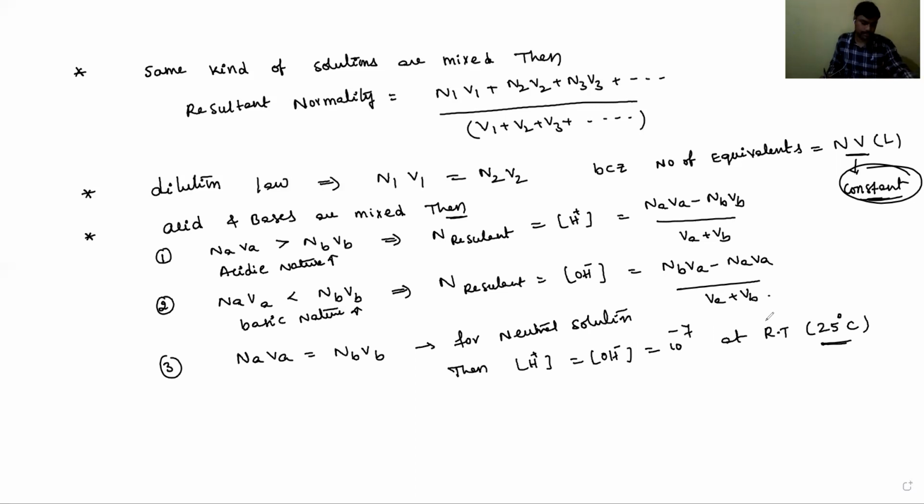Students, now another important relation we need to discuss: the number of equivalents is equal to normality into volume.